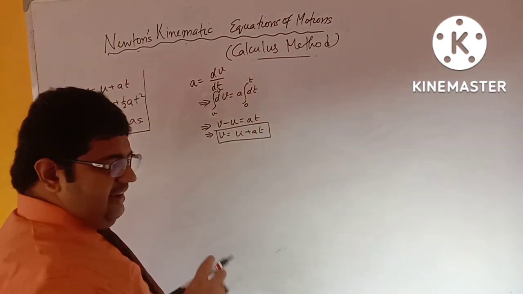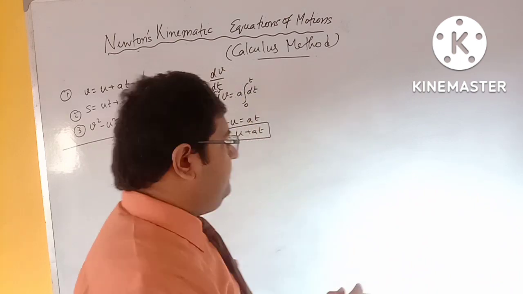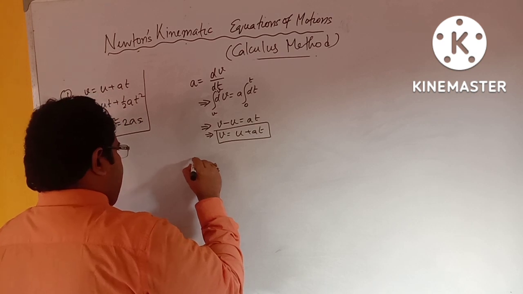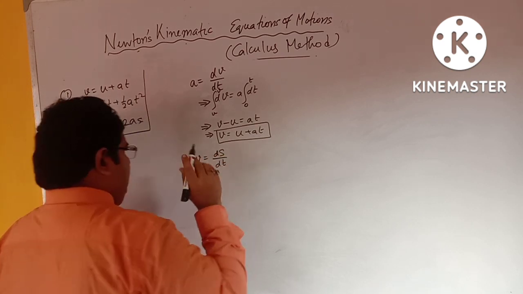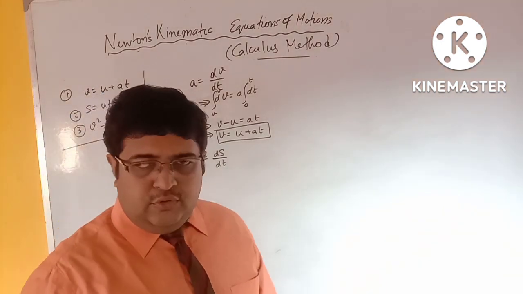Now coming to the second equation. Whenever we come to the second equation, we consider velocity. You can also call this the velocity-time equation. Now, v means ds by dt, the rate of change of displacement with respect to time.